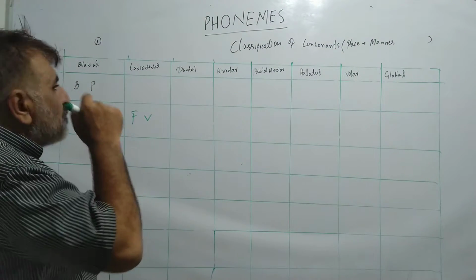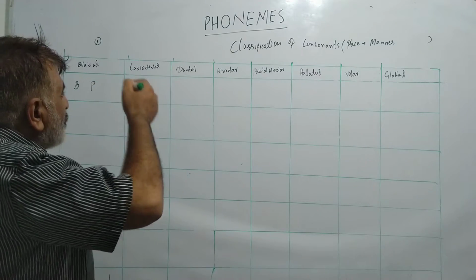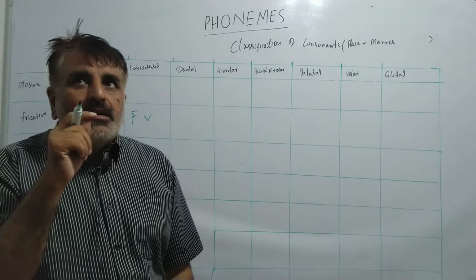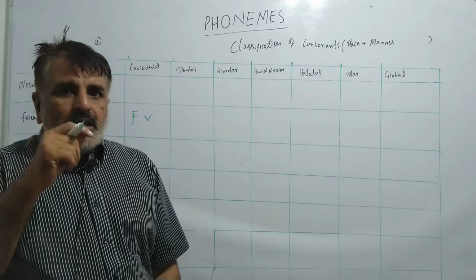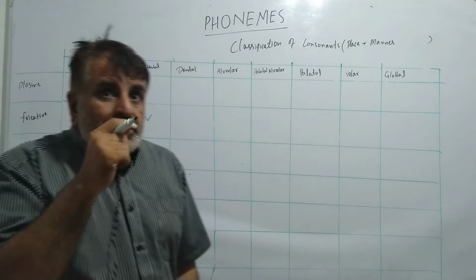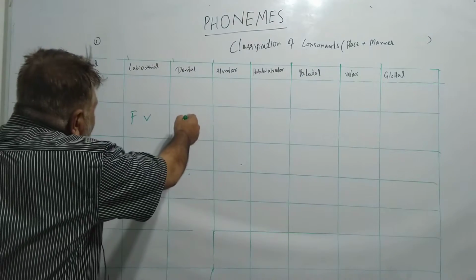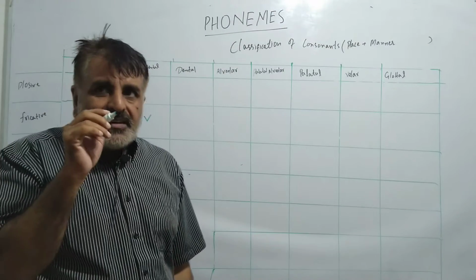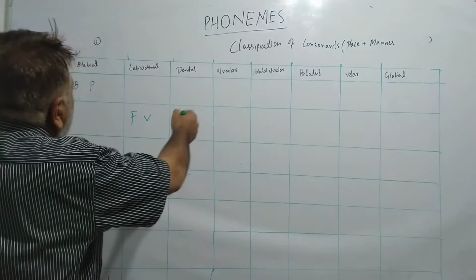Good. Then we have dental sounds. We have two dental sounds, ta and da. The place of articulation is dental, so I should write here, and the manner of articulation is fricative.